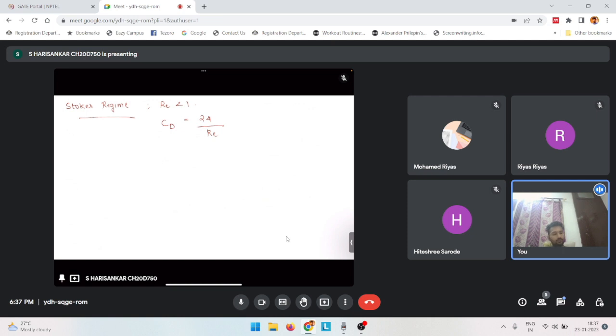By definition, this Reynolds number is rho P into dP into V by mu F, where rho P is the density of the particle, dP is the diameter of the particle, V is basically ut, the terminal settling velocity, and mu F is the viscosity of the fluid.